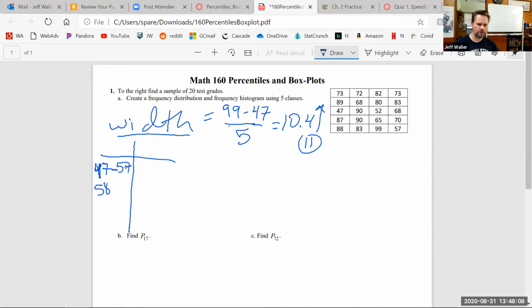So remember, if you look this way, it's always one less wide than it should be because the width shows up this way. So this will be 58 to 68. This will be 69 to 79. Is everybody with me? If you add 11 down, this will be 80 to 90, and this will be, hello? Yes?